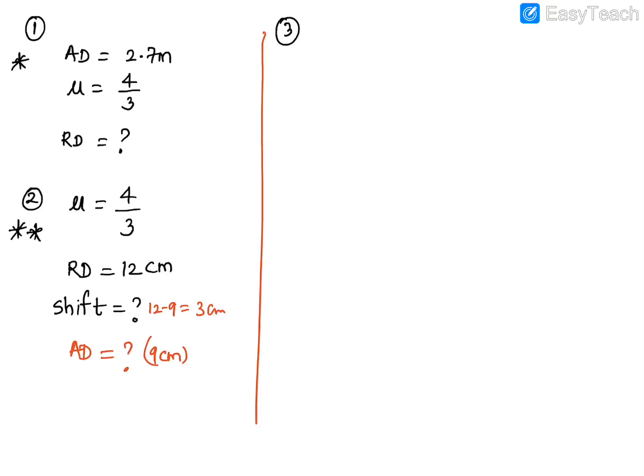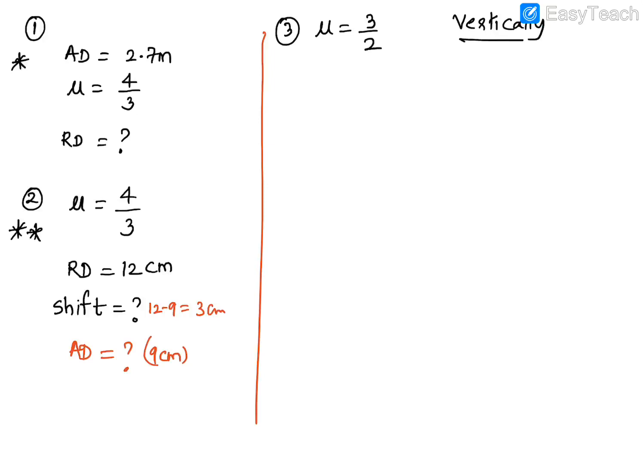Now, a postage stamp is kept below a rectangular glass slab of refractive index 1.5. I'll write it as the fraction 3 upon 2. When viewed vertically above it, guys, underline the words vertically above. This led to too much controversy when it came in the exam.